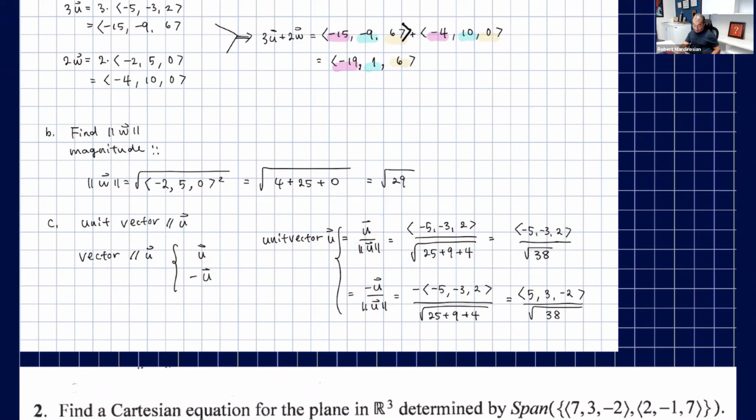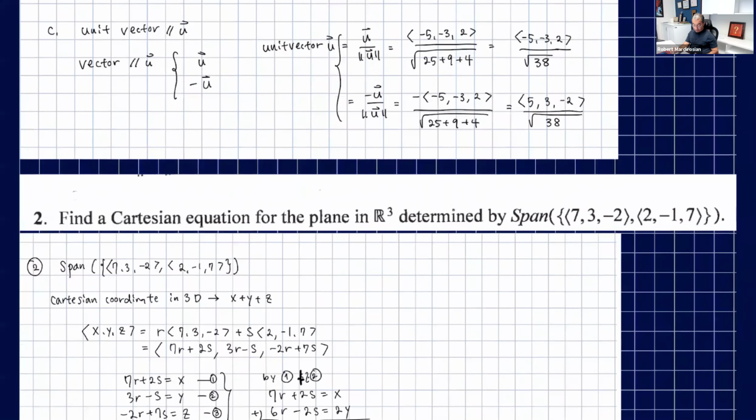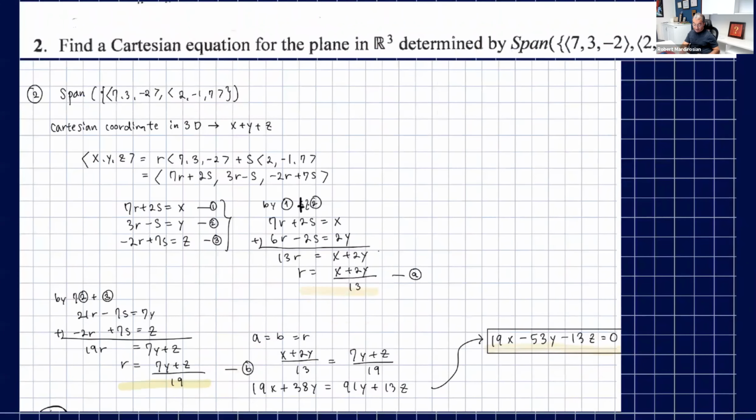Another parallel unit vector is negative U, and you get these 2 vectors. One answer is good enough because this is a unit vector parallel to U, and that one is also a unit vector, with the opposite direction, but it is parallel to U. So any of those answers are fine.